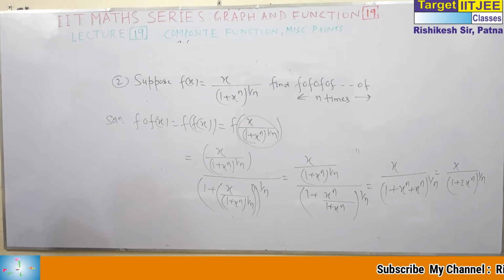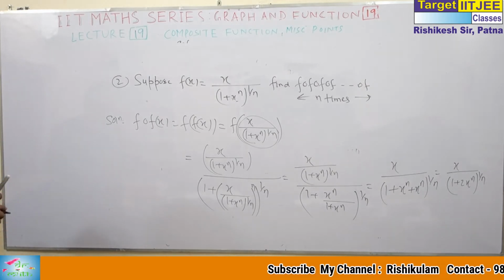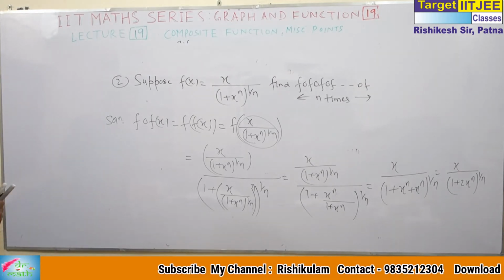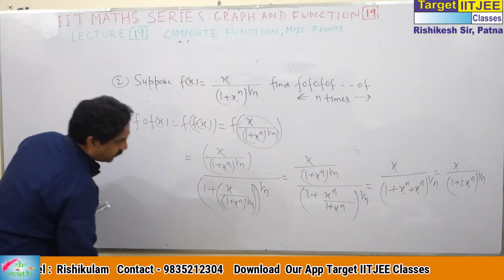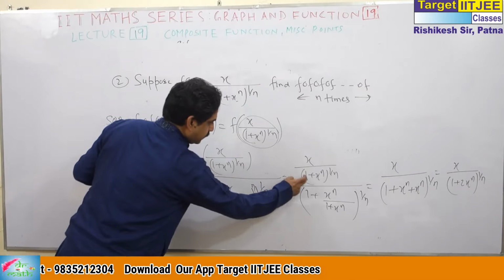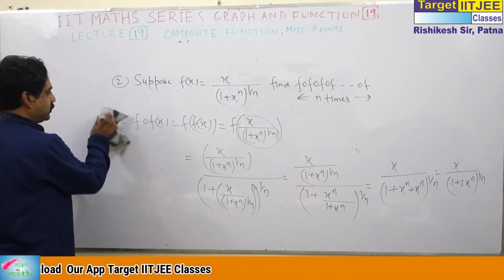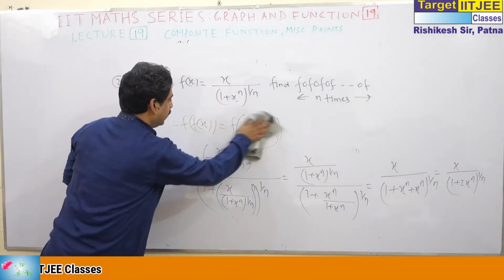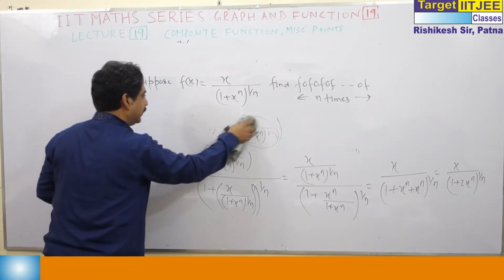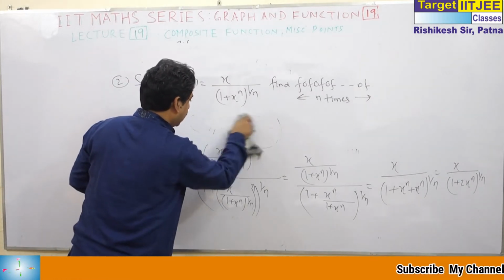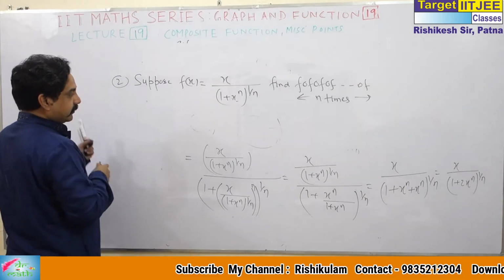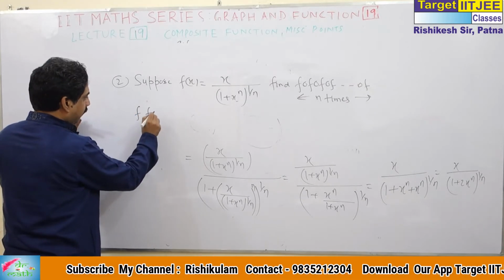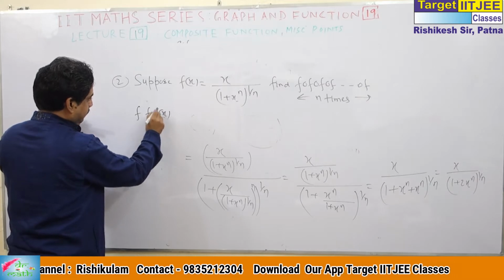Now come to the third, to know the pattern. I am erasing this one. If you want to write, you can write or you can do it yourself. Here the denominator cancels. Now you are mature enough, but I am moving forward. Now I am moving for f of f of f(x).